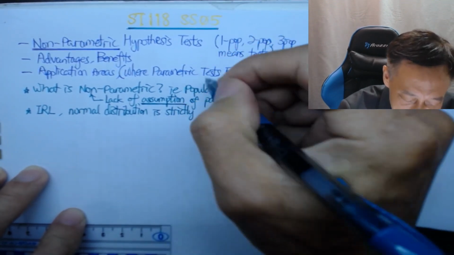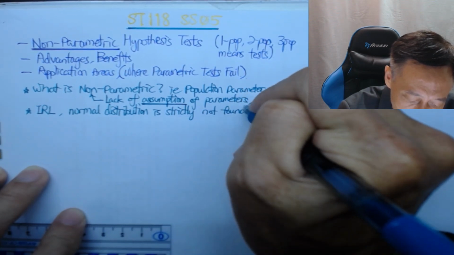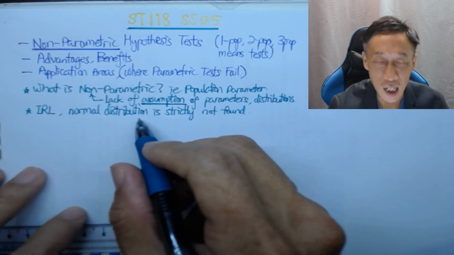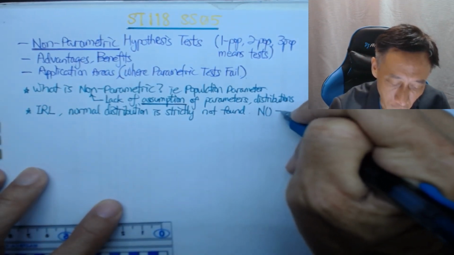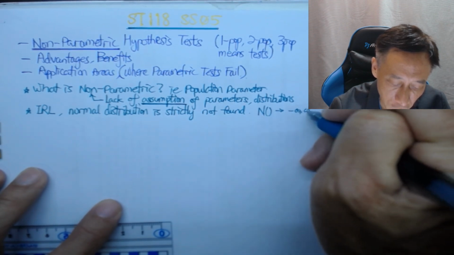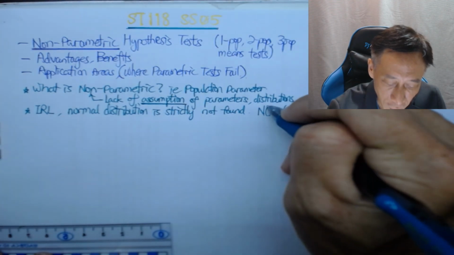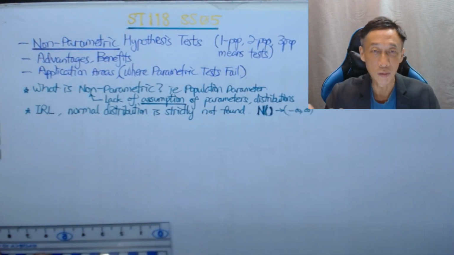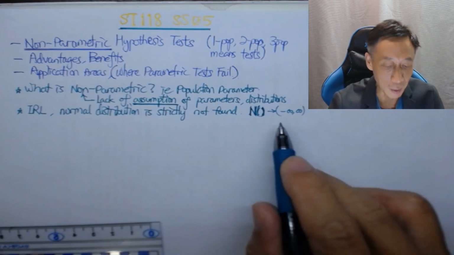Sorry to say this, strictly not found, because any perfect normal distribution will stretch from minus infinity to infinity. But we never have such a thing in real life. You can have a very rich person having billions of dollars, but that's hardly infinity in a mathematical sense. But this is the mathematical sense.